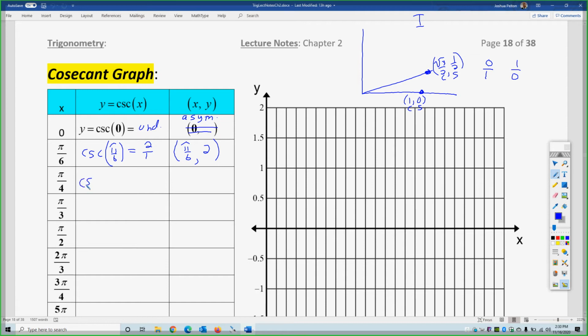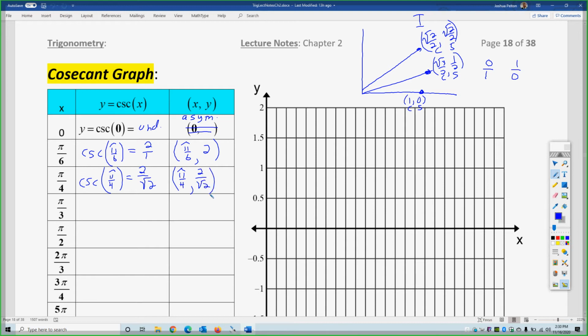Okay, next one, cosecant of 45 degrees. It's pi over 4. That's root 2 over 2, comma root 2 over 2 for cosine sine. So if I reciprocate sine, I'll get 2 over root 2, which means I plugged in 45 degrees and I get 2 over root 2. Okay.